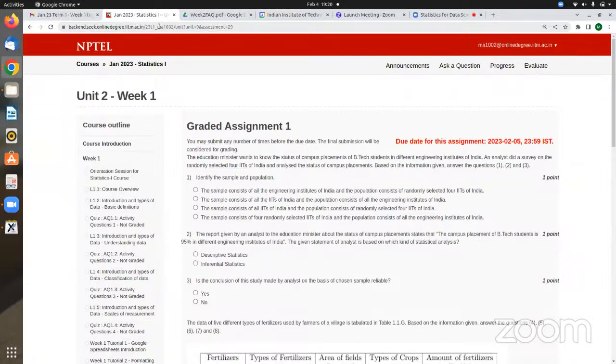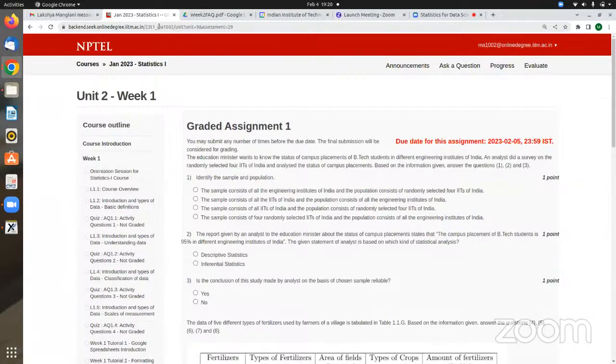That is inferential statistics. Correct. So we are assuming on the basis of the sample we have collected, and we are concluding about the complete Indian population. So that is prediction. So it's inferential.